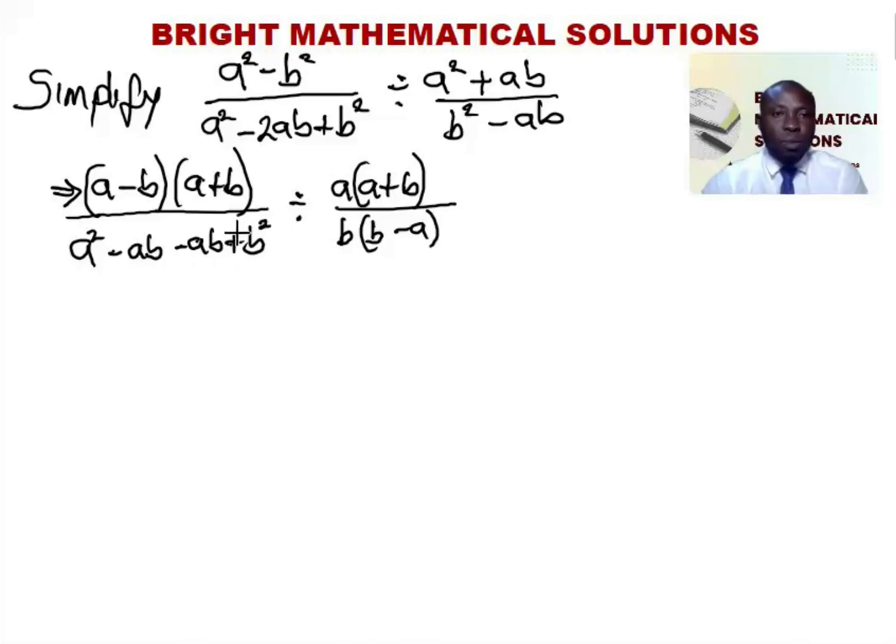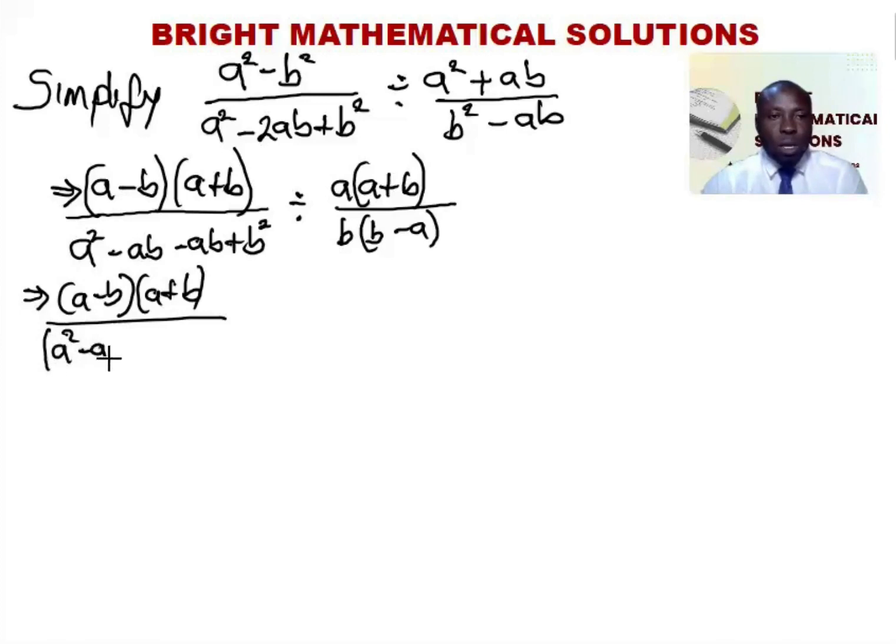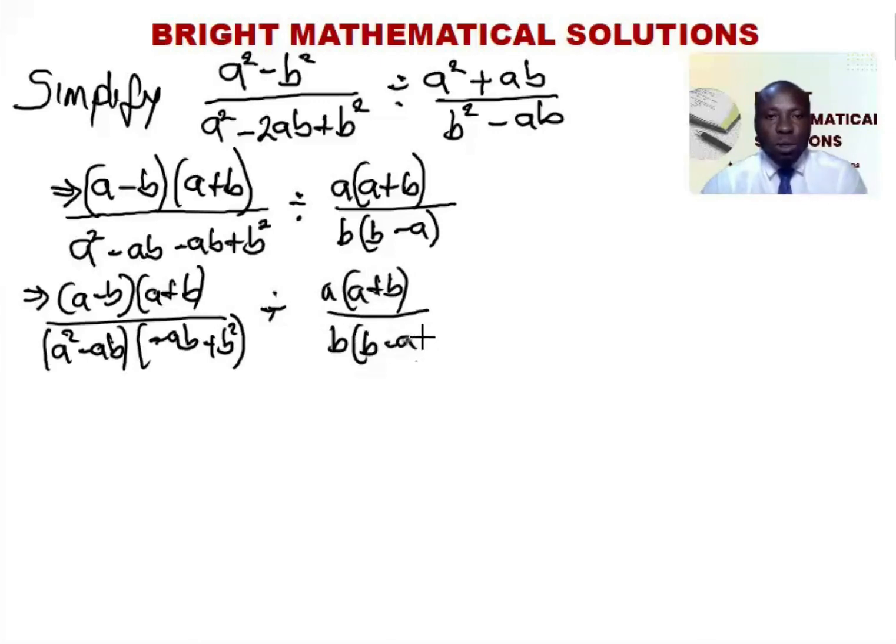From here we've not been able to factor out this one completely, so this now becomes (a minus b)(a plus b) over, let us group this into two, a square minus ab minus ab plus b square, divided by a into (a plus b) over b into (b minus a).